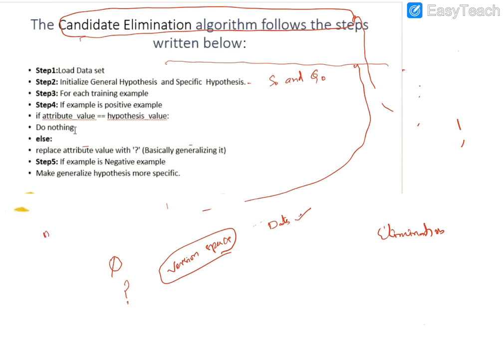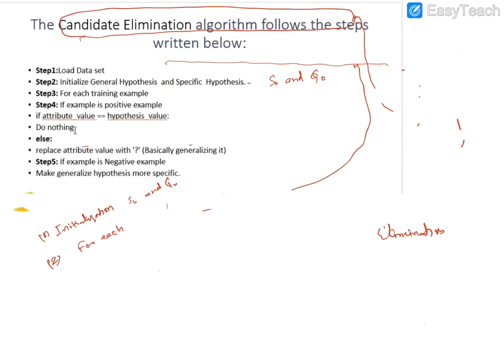The first step is common. What is the first step? Initialization. What should be initialized? We have to initialize S0 and G0, the most specific hypothesis and the general hypothesis. And what is the second step? Whenever we consider the training data, we have to consider positive data as well as negative data.